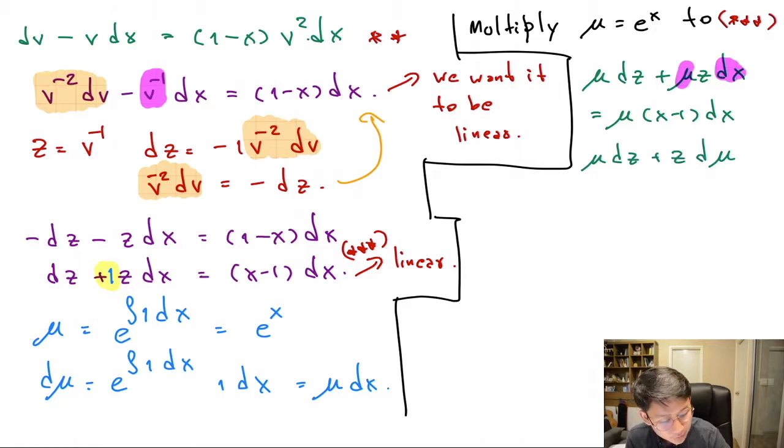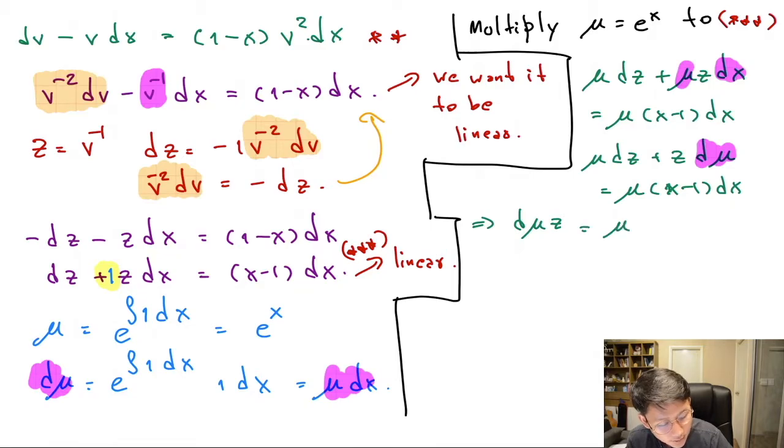So mu dz plus z d mu equals mu times x minus 1 dx. So we have d of mu z equals mu times x minus 1 dx. So this guy is e to the x times x minus 1 dx.